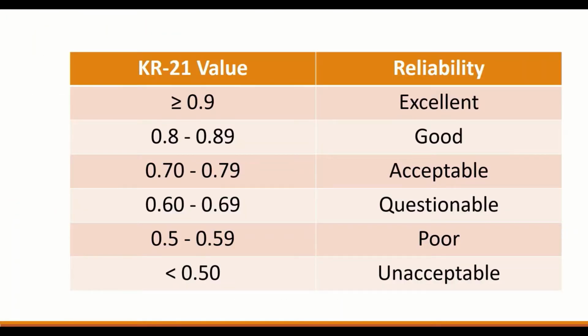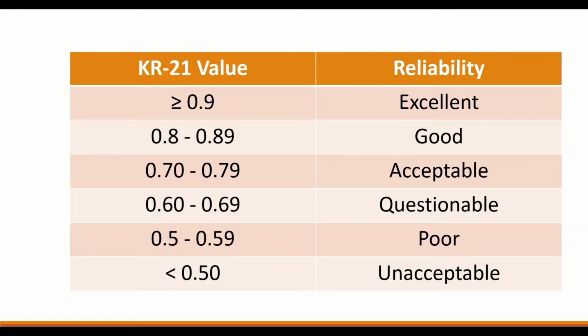The following table shows the KR21 value and the reliability level. If an exam has a KR21 value of 0.9 or greater, then the test will have an excellent reliability.